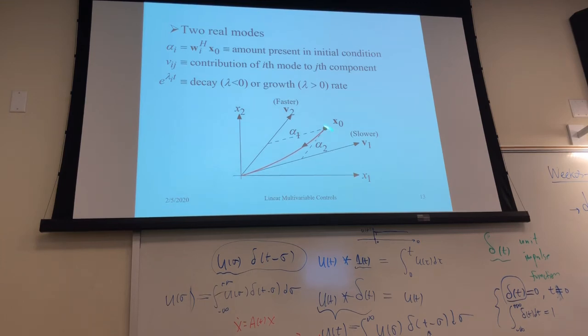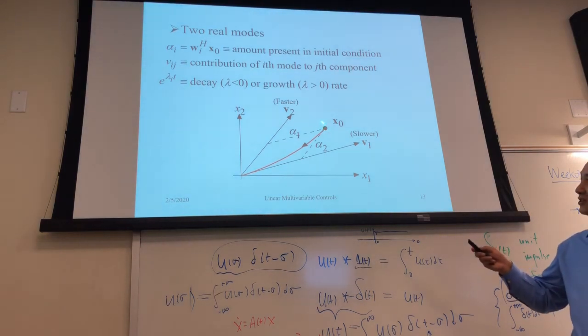Then your x0 will evolve to the equilibrium point. This is called the equilibrium point, 0, 0, the origin. So the initial condition goes to here. Just like a capacitor discharging, all the charge is gone. It's the equilibrium point, nothing left, right? So this is going from x0 to 0.